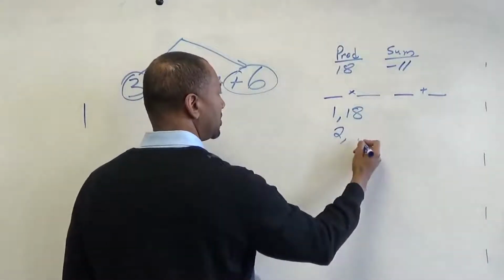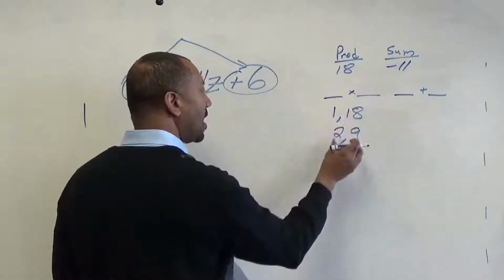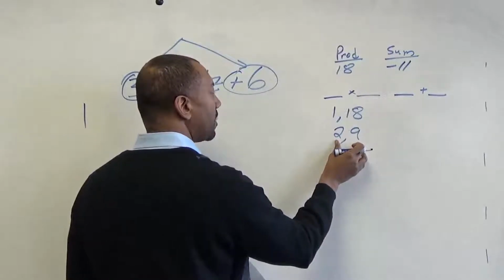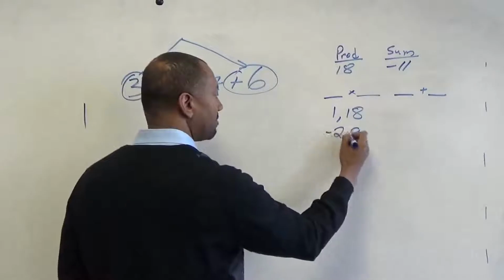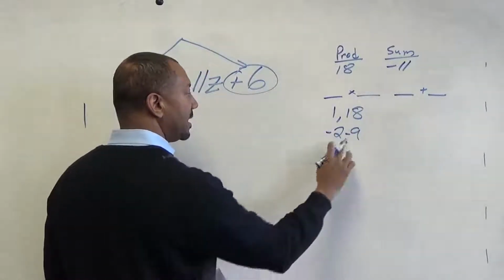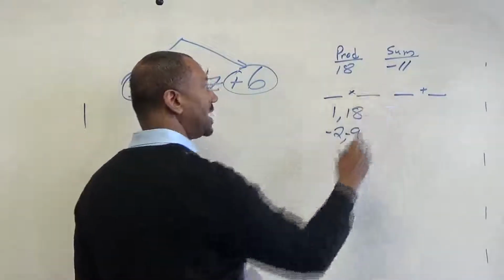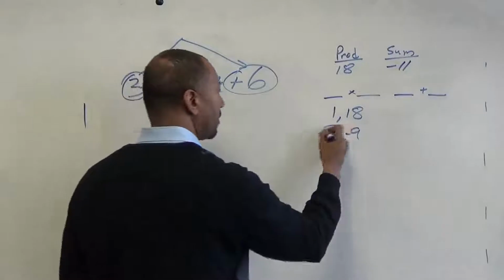So 2 times 9 will give me 18. Now, if I get my signs right, I think I can also add these two numbers up to get a negative 11. Let's go ahead and make both of these negative. Now they multiply to give me 18. They also add up to give me negative 11. So I have found the numbers I'm looking for.